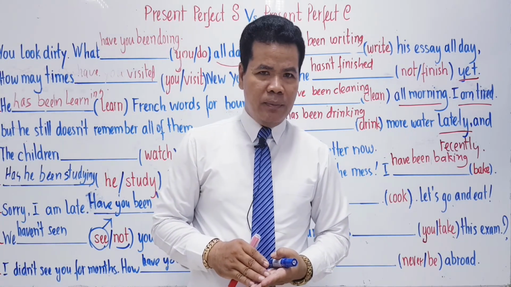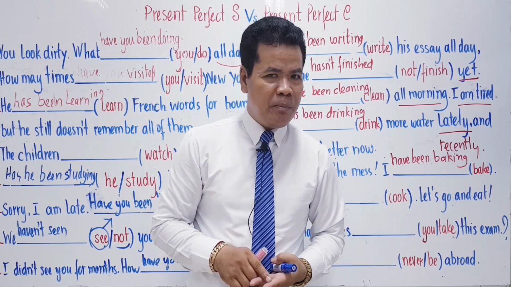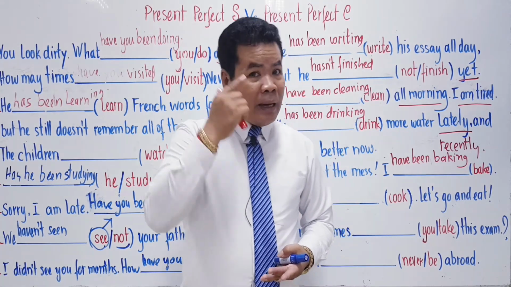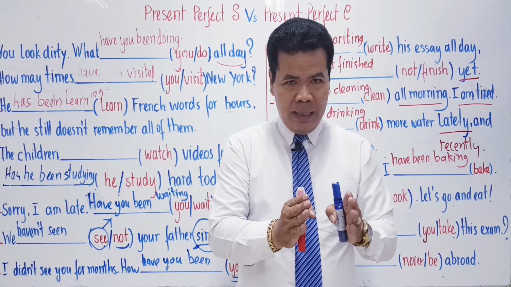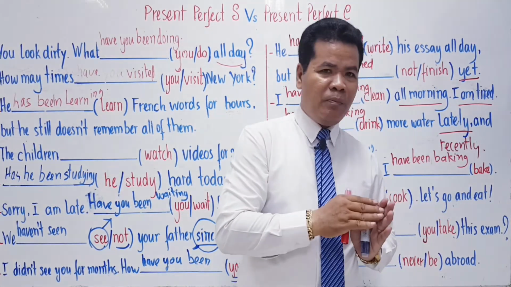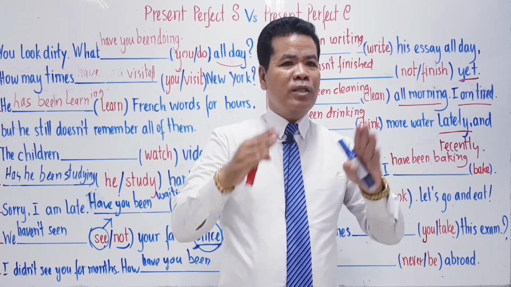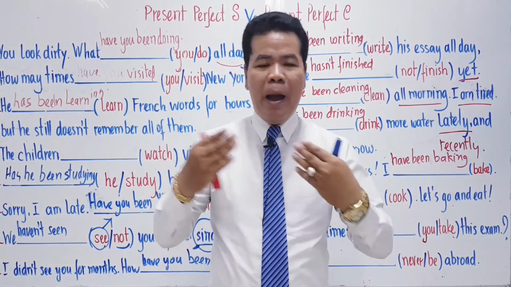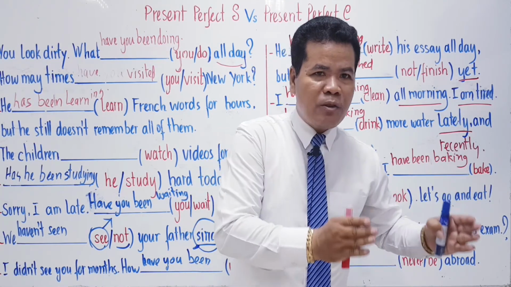What tense is it? Do not confuse it with present perfect progressive. Present perfect progressive: action happened in the past, stopped recently, as the result in the present. But present perfect simple: action or situation or thing started in the past or happened in the past, stopped completely in the past, as the result in the present.